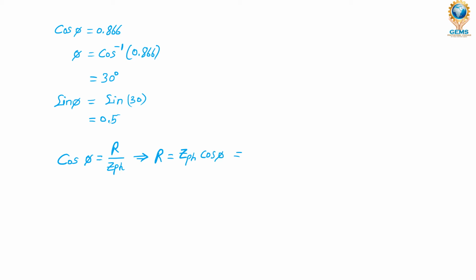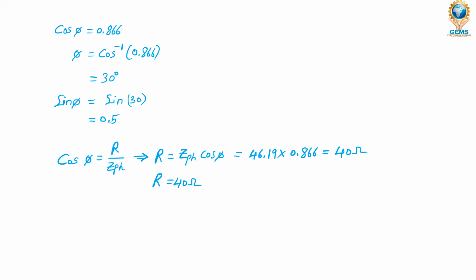What is the Z phase value? 46.19 into cos phi, which is 0.866. So if we calculate this R value, it will come to 40 ohms. Resistance is 40 ohm. Now we have calculated resistance.